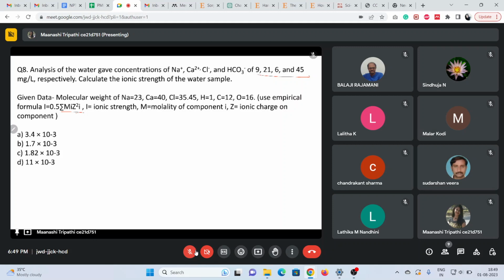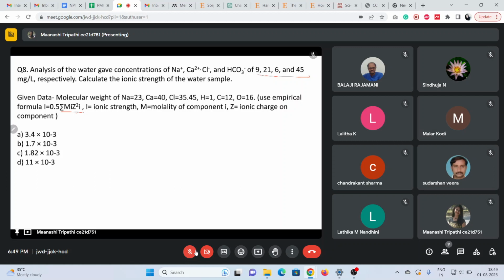For mass, sodium was given as 9 milligrams per liter, and the molar mass is 23, meaning atomic mass because it is an atom, so 23 divided by 1000, because 23 is in gram per mole and this is in milligrams per liter. So we convert both of them into grams. Same for calcium, chloride and bicarbonate.